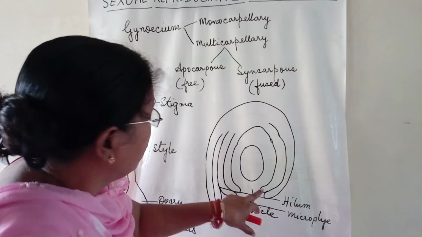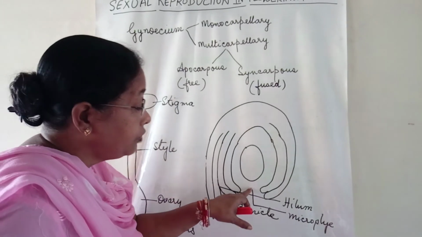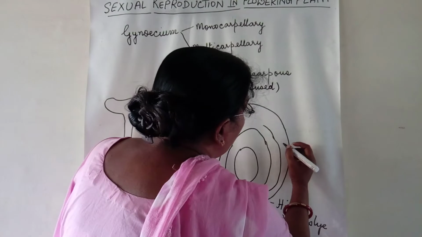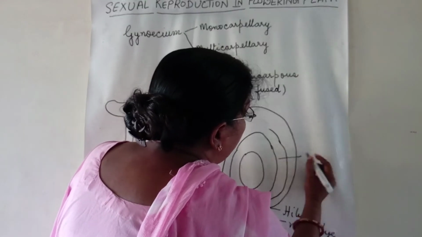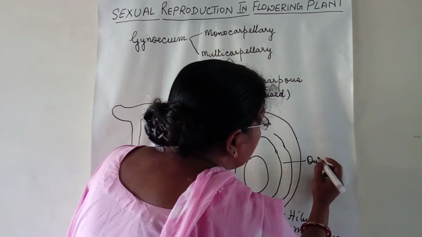Micropyle is the place which is not joined. See, there are two integuments, the outer integument and the inner integument. They are the protective layers.